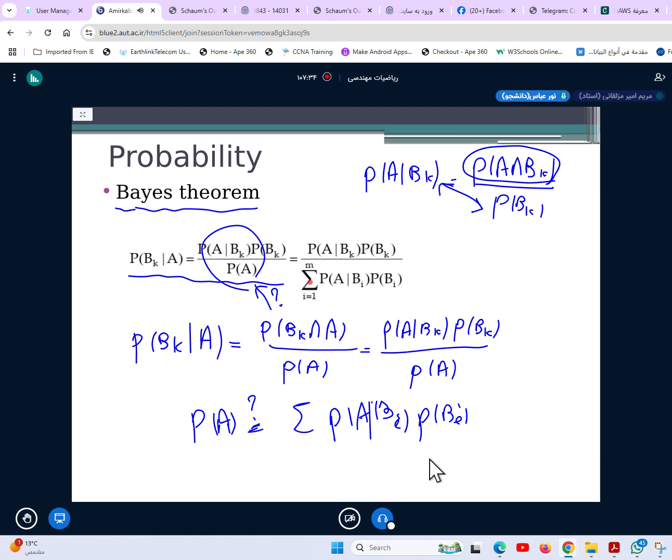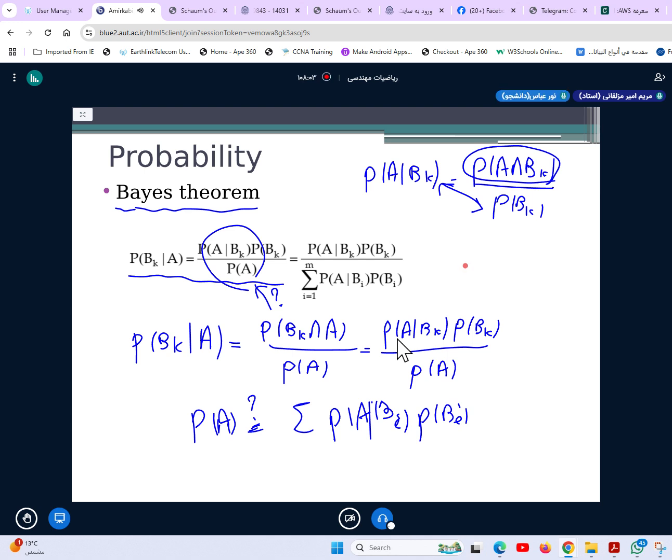Sorry, doctor. These rules or this theorem, do we apply them on discrete random variables or continuous ones? Here we speak about random experiments and events. In the next slides, we discuss random variables. Here A and B are just some events.